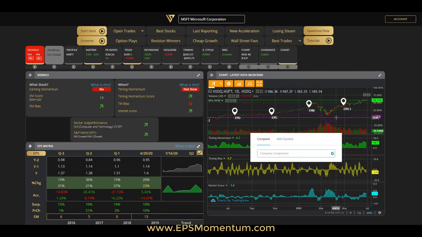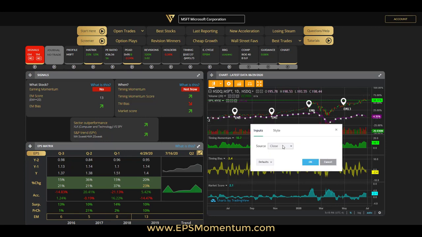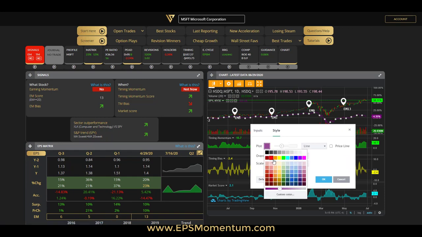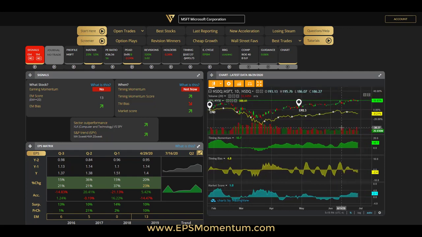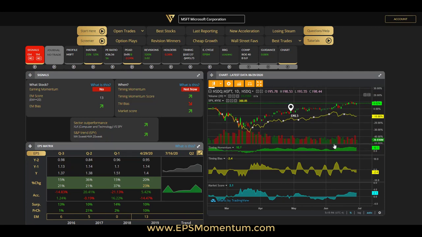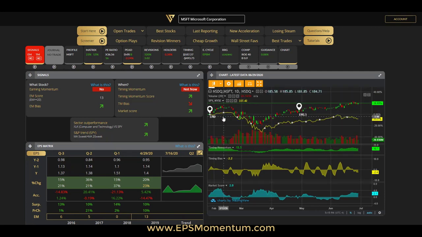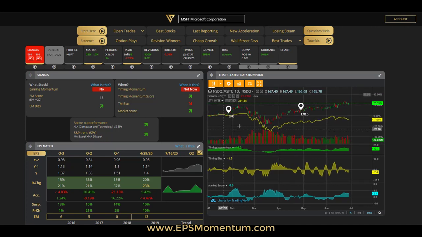So I type the SPY, and what you can do is click on that little cog formatting style, and then maybe I put it in yellow so that we see clearly. Right, so see, this is the S&P compared to the stock, and the good thing is they are both normalized. So as I zoom in or out, here I'm zooming in, and let's say I want to start on the 1st of January, which will be here, right?